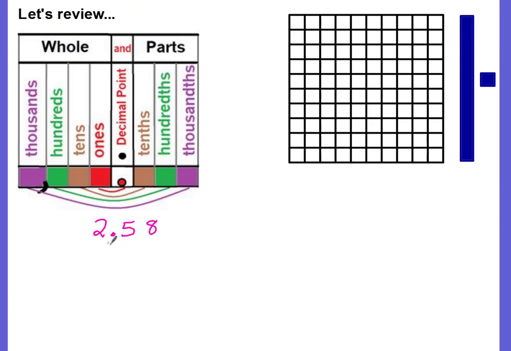We also learned that when we want to add numbers together that have parts, or subtract them, we needed to line up the decimal point. If you wanted to add 2 and 58 hundredths plus 3 tenths, you don't line it up like this, because you end up adding the hundredths with a tenths place, and that's not right because they're not the same size.